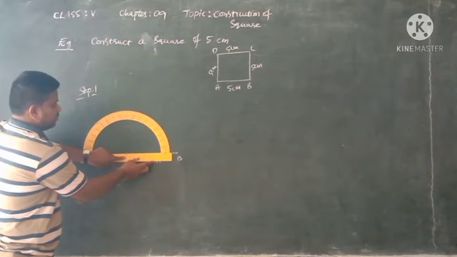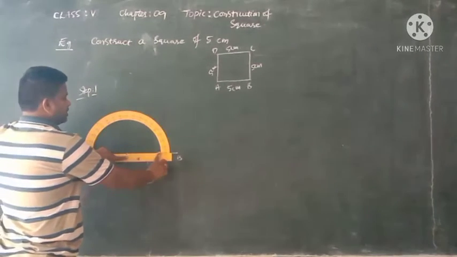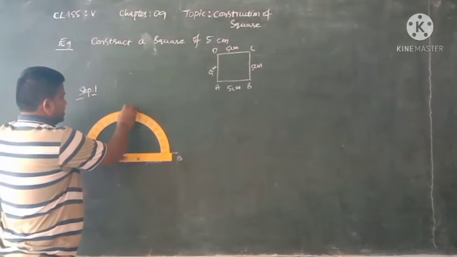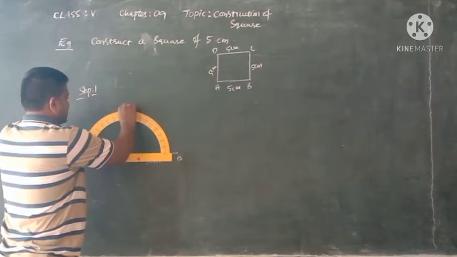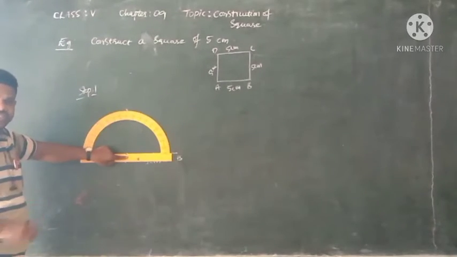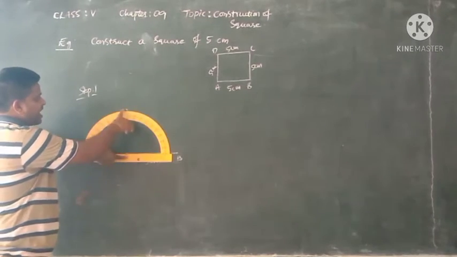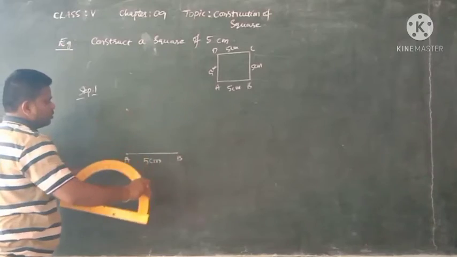The protractor must be on the same line. Right now, 90 degrees. So this is the 90 degrees. Now you got it? This is a very important step to construct a square and rectangle. So 90 degrees at A, and we'll go to B.